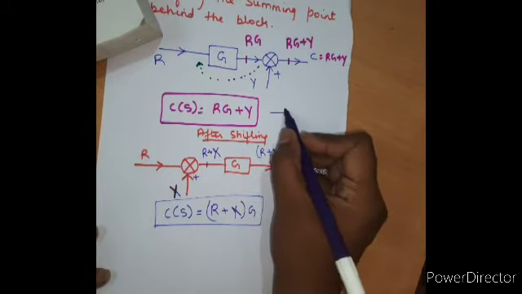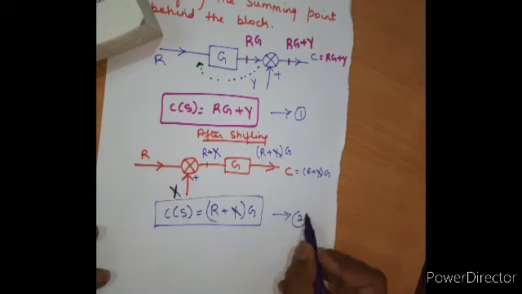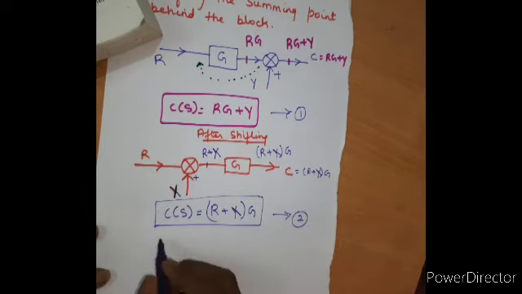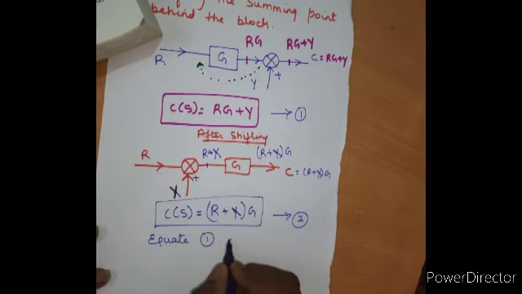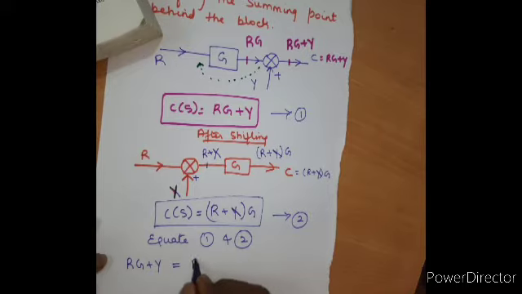Now I will name this equation 1 and this equation 2, and equate equation 1 and equation 2. Equation 1: RG plus Y is equal to RG plus XG.